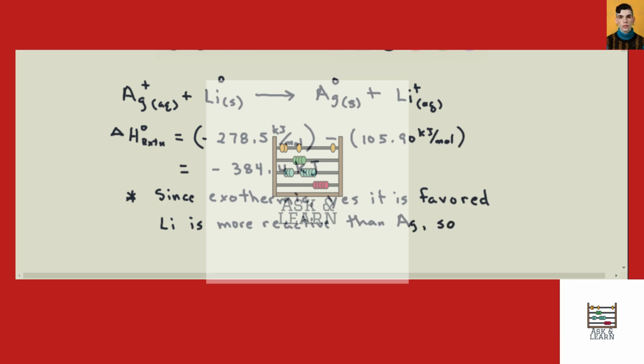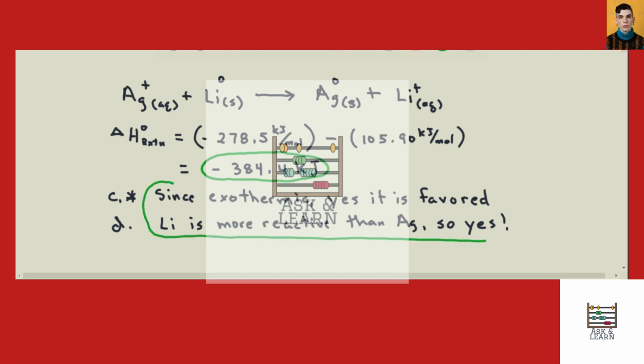So yes, these two agree. We do have agreement between part C and part D. All right, let's move on. And of course, this was our answer for part B. I'll go ahead and circle C and D also.